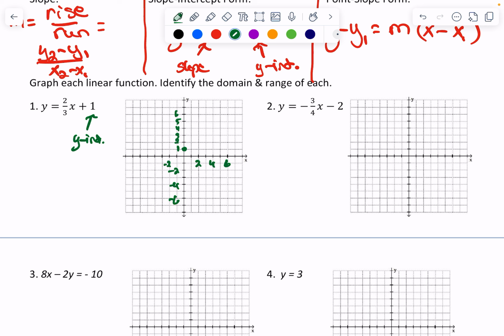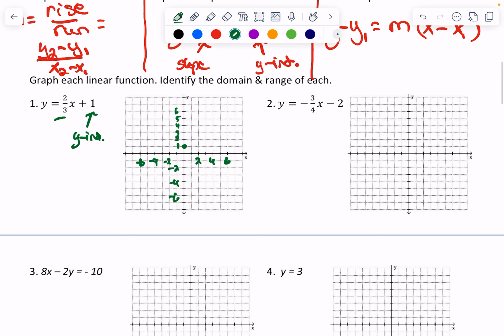Negative 2, negative 4, negative 6. Okay, so 1. And then our slope is 2 over 3. So 2 up, 1, 2, and 3 to the right. Again, 2 up and 3 to the right.